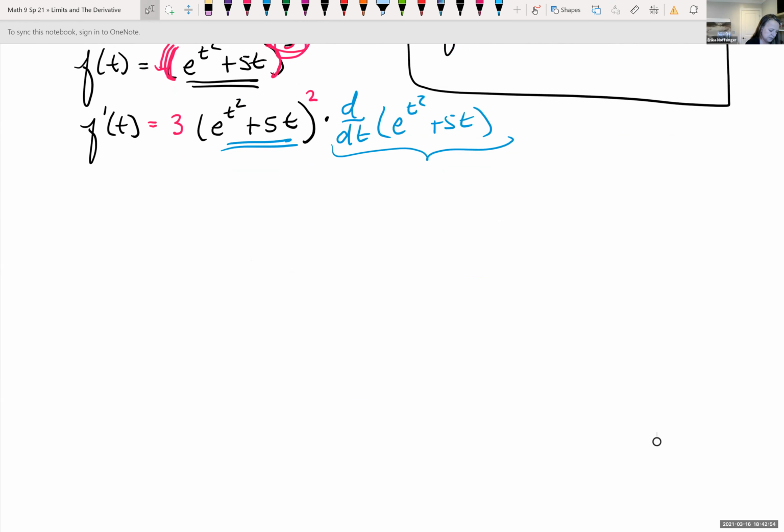Okay, so this one looks good too because it uses a lot of different rules. Let's say you have e all raised to the x times the square root of 3x plus 2, and this is f of x equals.